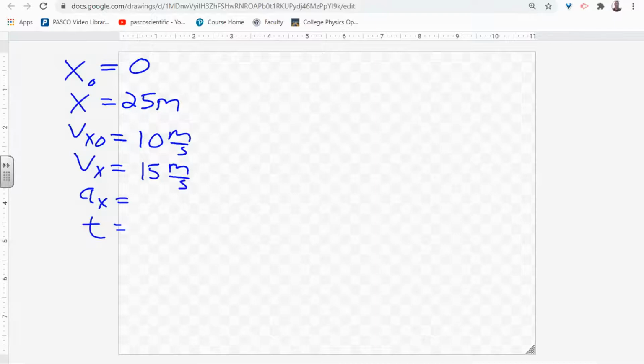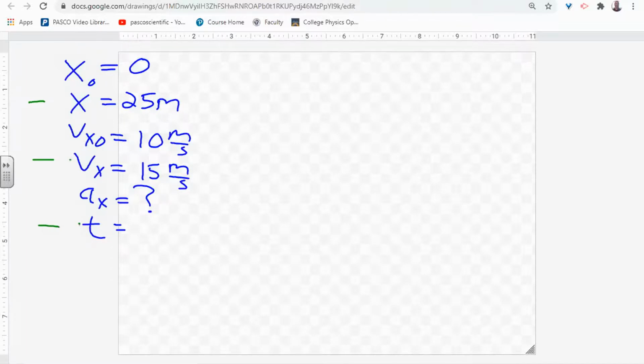And then the question is asking for the acceleration, which means, remember, of these kinematic variables, when you read through a question, when you're trying to figure out an equation to use, you're going to be missing one of these 3: either the final position, the final velocity, or the time.